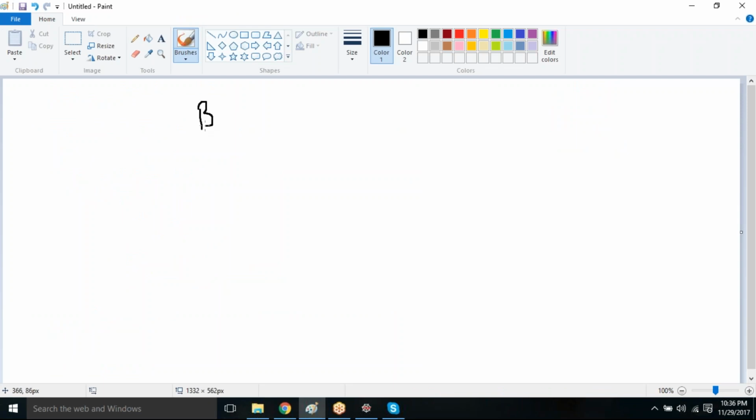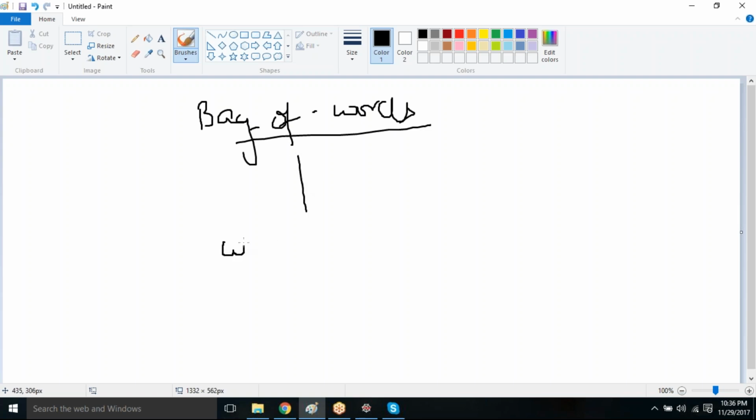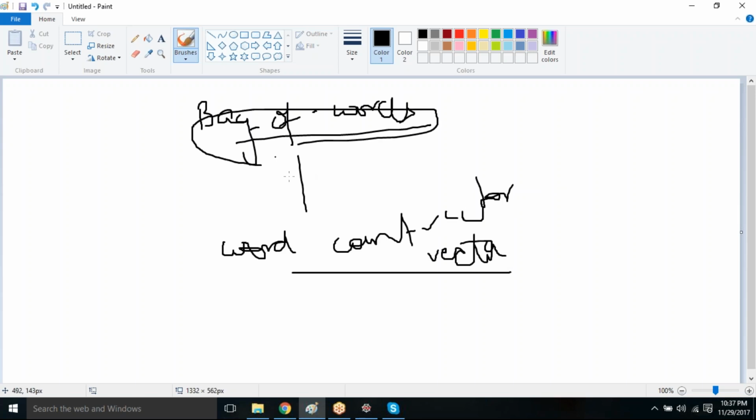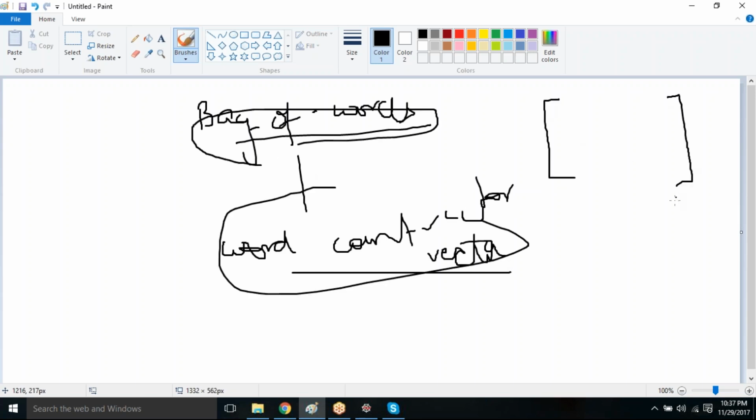This is called the bag of words model. Bag of word features. Sometimes it is also called the word count vector.